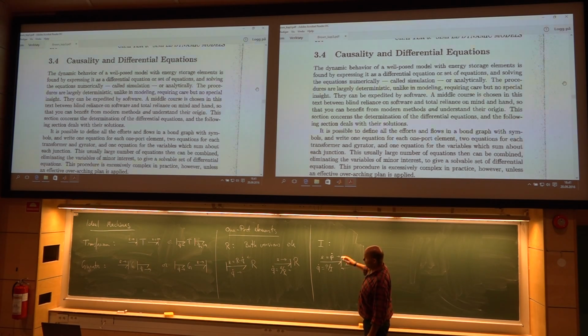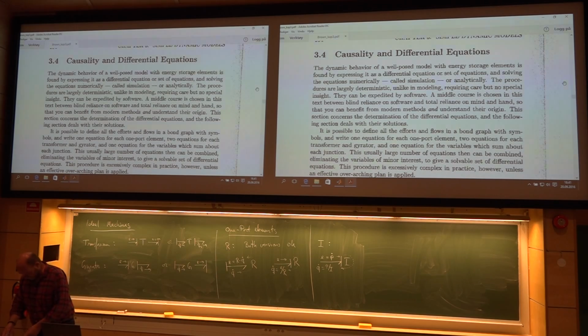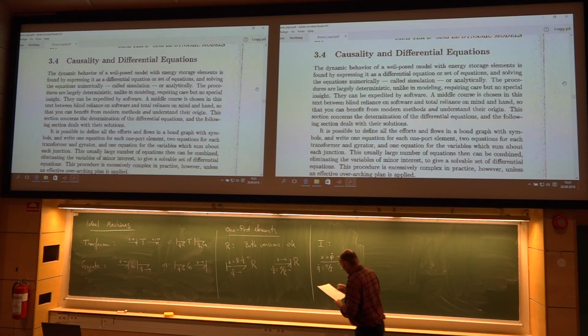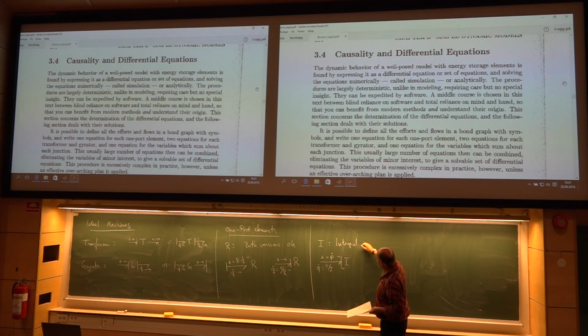What should we say here? Integral causality is preferred. Integral causality is okay.